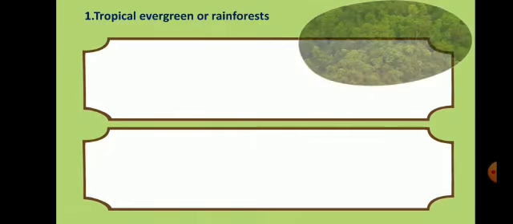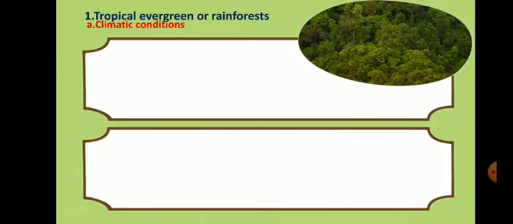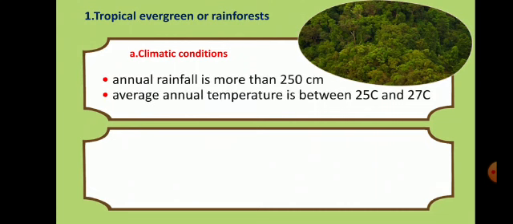So first we'll see the climatic condition of evergreen forest. Here, as the name says, evergreen or rainforest, the forest is getting annual rainfall of more than 250 centimeters.